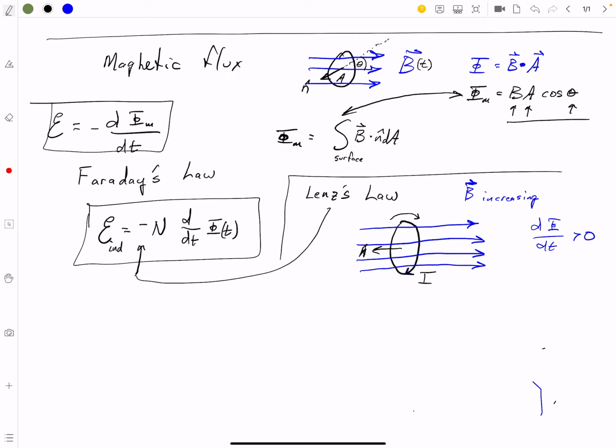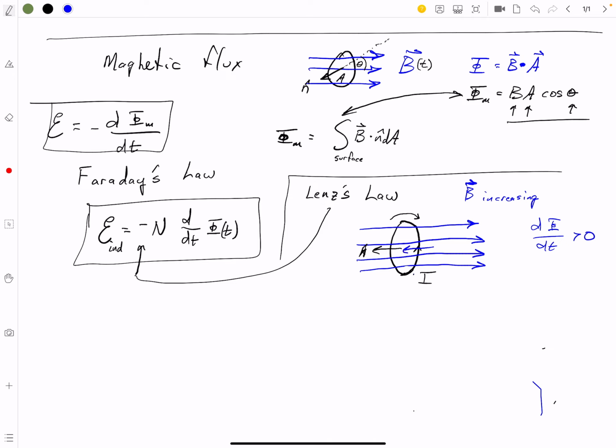Okay, so that is the wrong direction. So what direction do we need it to go? We need it to go up on this side so that the B field that is produced, I'm going to just draw a little B field here.